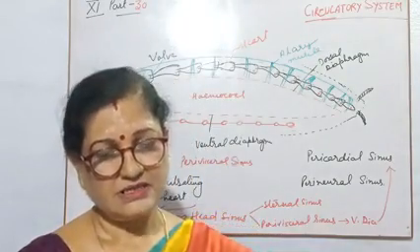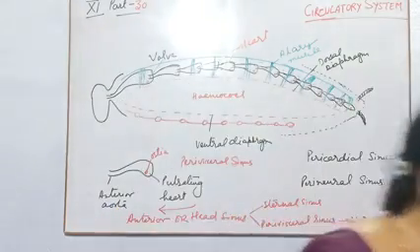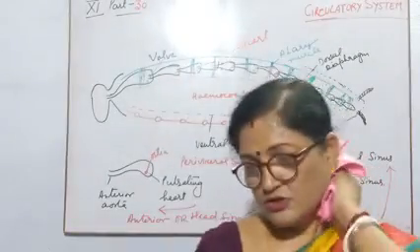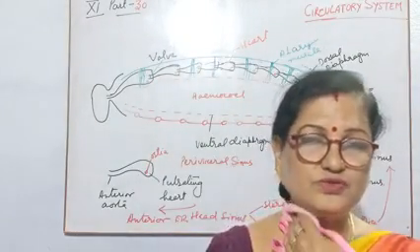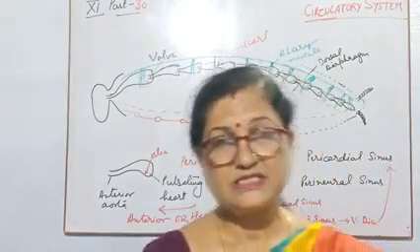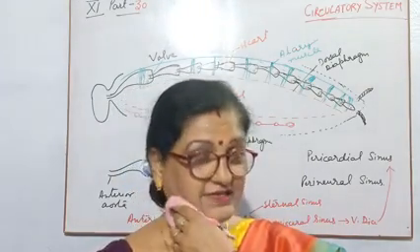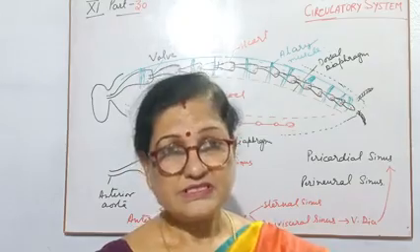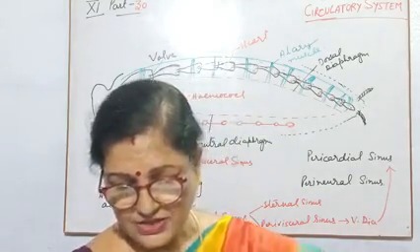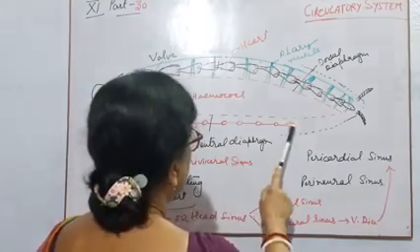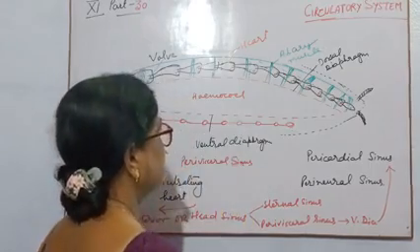These are known as the perineural sinus. So the word neural is used for the nervous system, that means it is directly connected with the nervous system. So this is known as the perineural sinus.